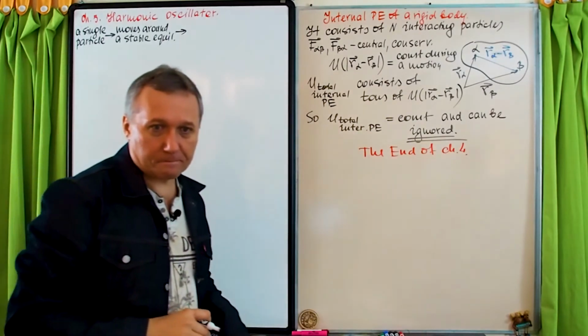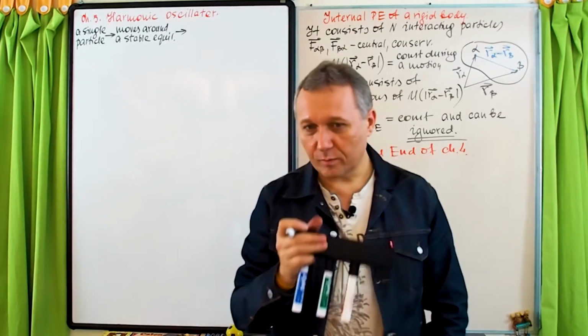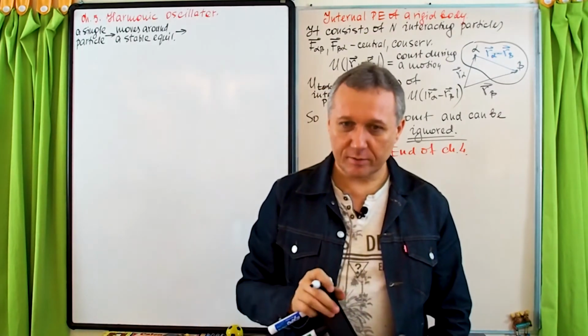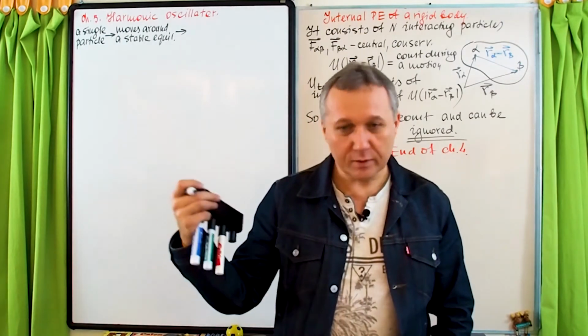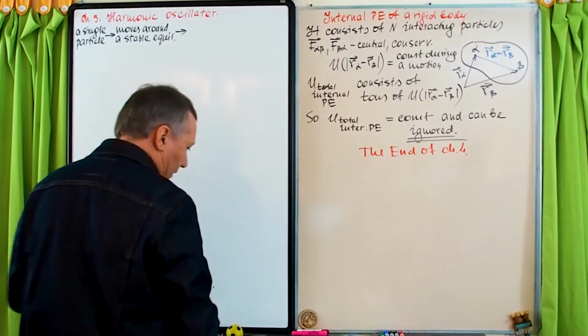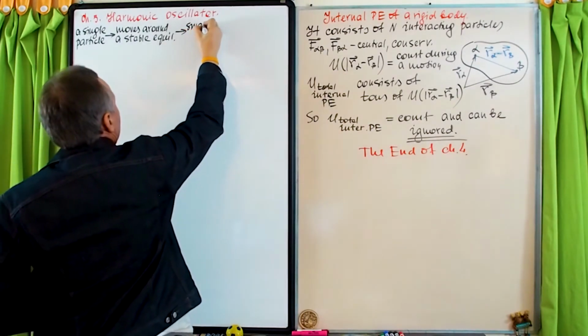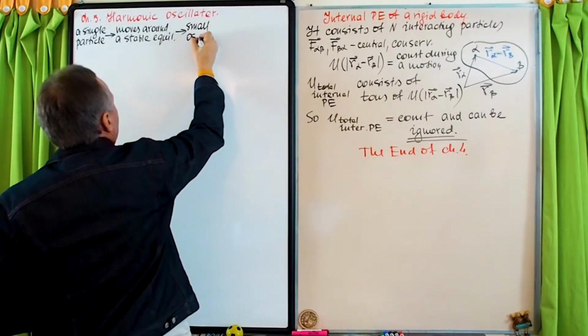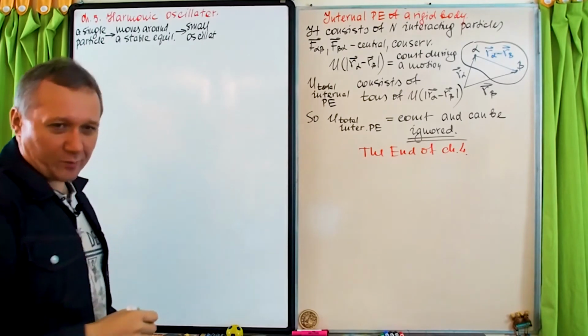Then those movements, those oscillations, must be small, because we're going to use expansions. So small oscillations, we're going to make that assumption. Small oscillations, of course, around a stable equilibrium point.